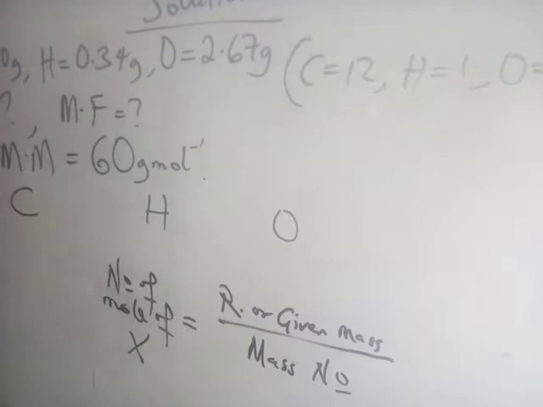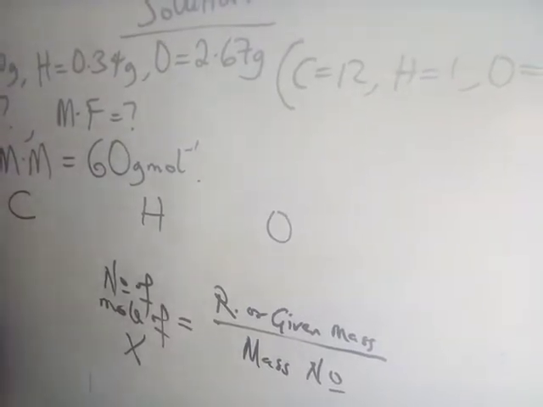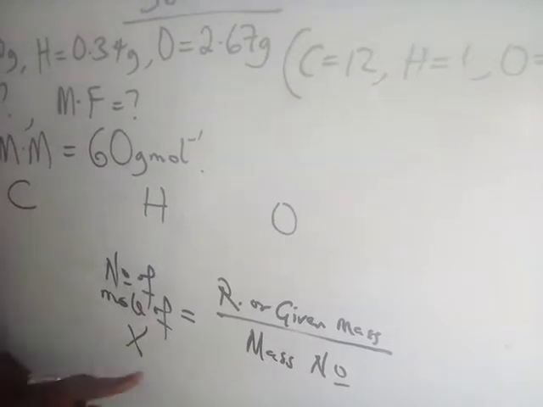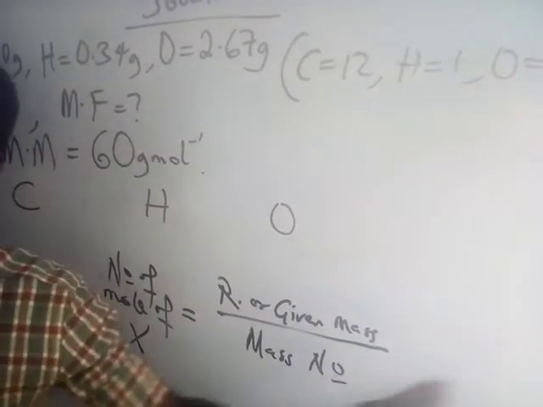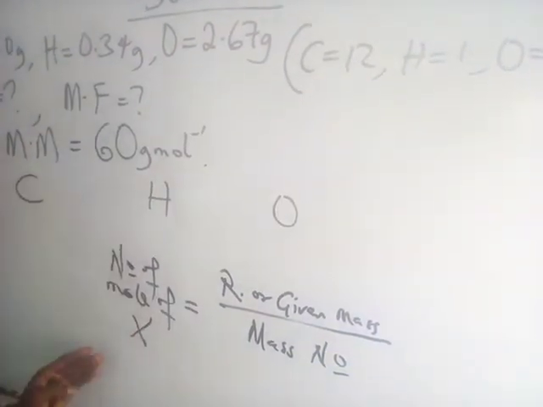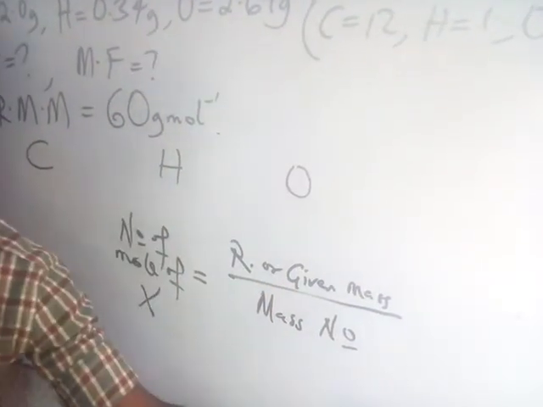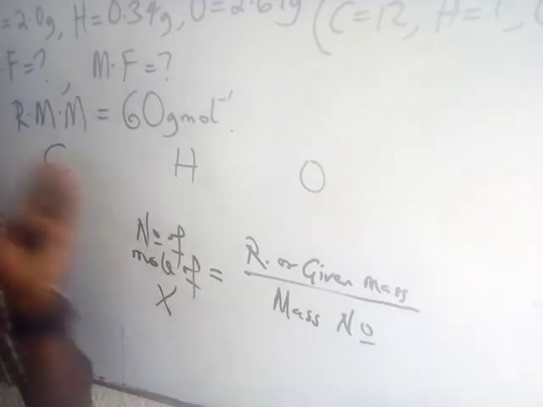That is how to determine the number of moles of an element. Another formula is the number of atoms of such element divided by Avogadro's constant. But we are not going there.